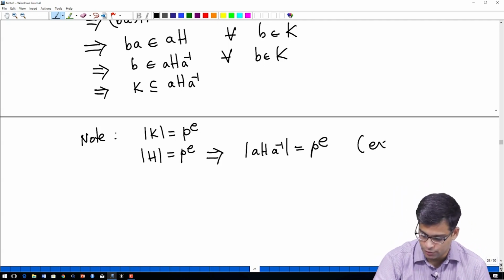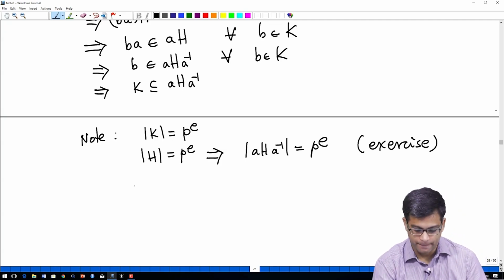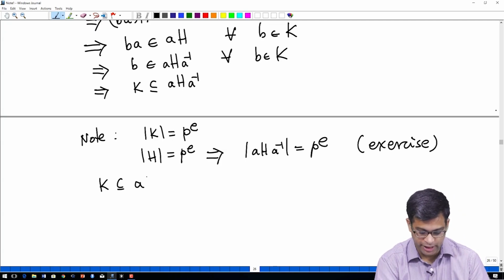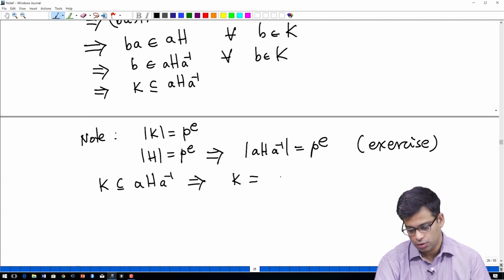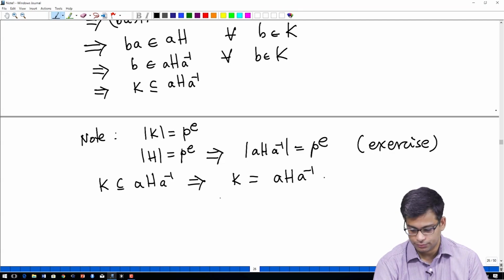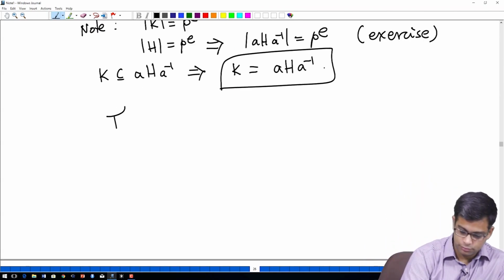This is a simple exercise for you. But K is inside aHa^{-1}, and both have the same number of elements. So, K is equal to aHa^{-1}.